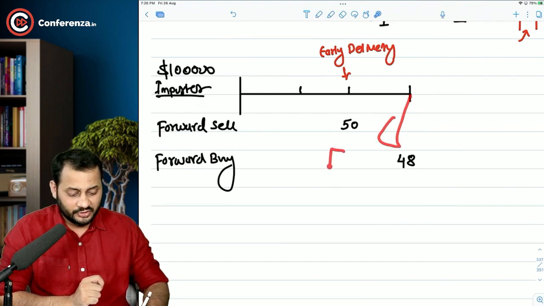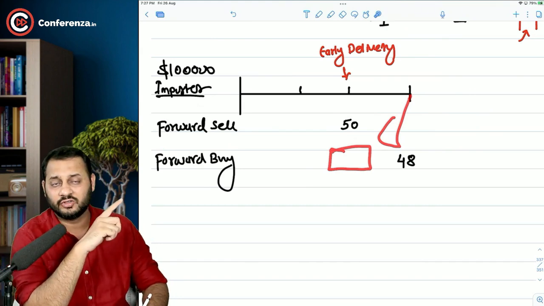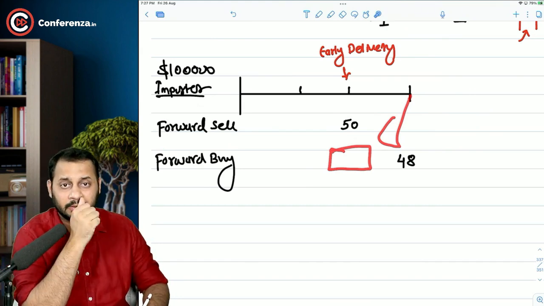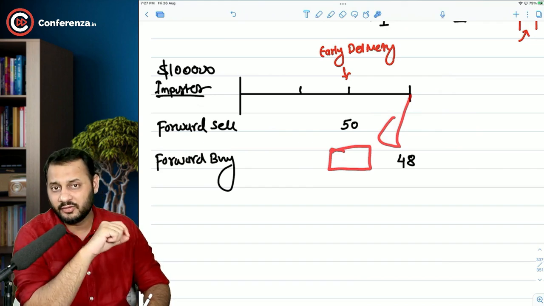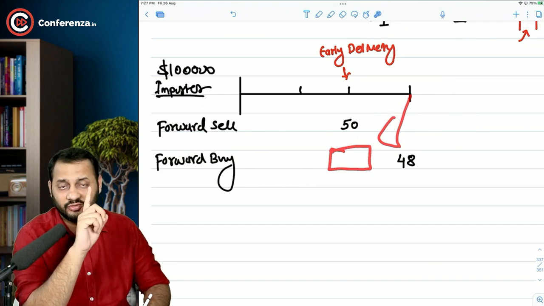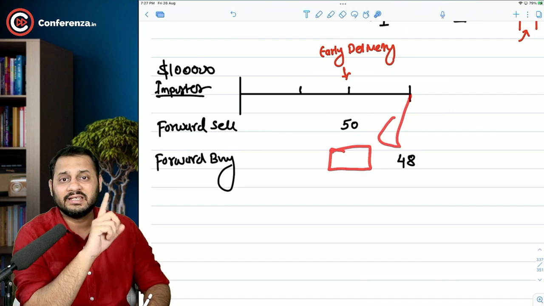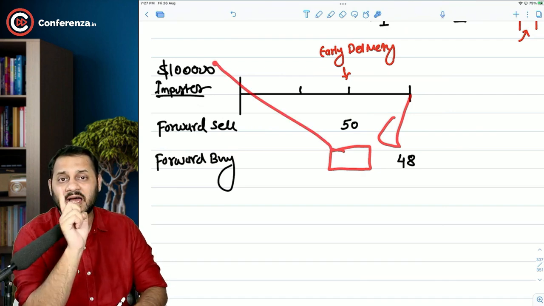But where do you think we are going to buy the $1 lakh now? Because that 48 rupees contract is getting expired after 1 month. Now, because we were not prepared for this transaction with early delivery, the bank is going to buy those $1 lakh at spot.